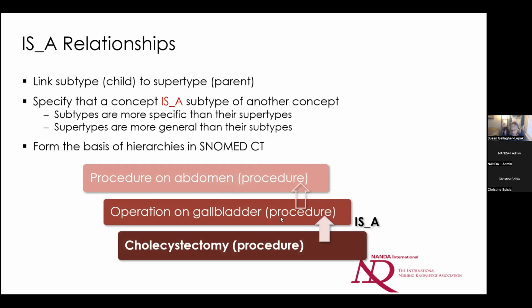And we see that they all have the same procedure hierarchy tag. And so this is how the hierarchies are created in SNOMED. They start off very broad, procedure can be anything, and then they start to get more and more granular as they work their way down the hierarchy.